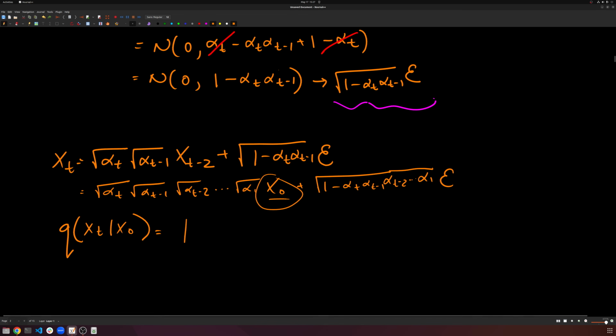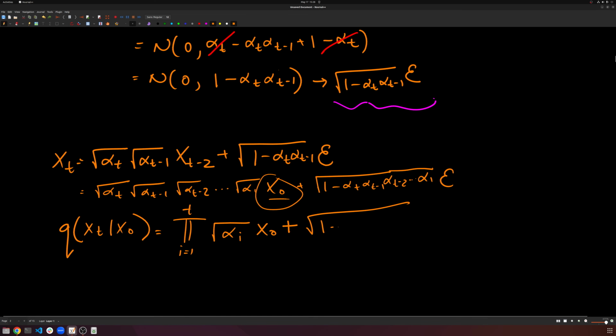It's going to be the product from i equals 1 to t of the square root of alpha_i, times x_0, plus the square root of 1 minus the product, again i equals 1 to t of alpha_i, times epsilon. So we've just written it in a product form.